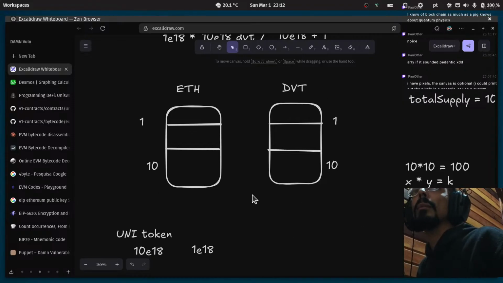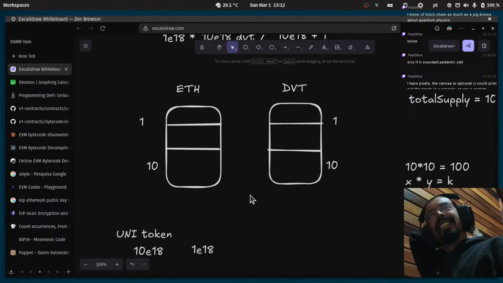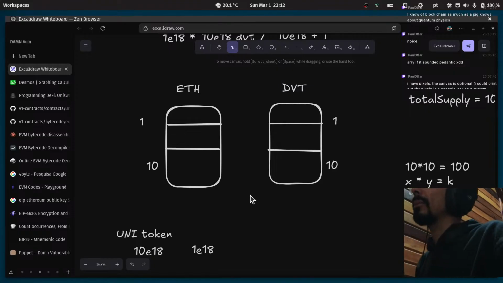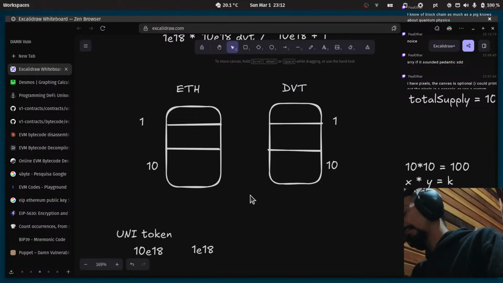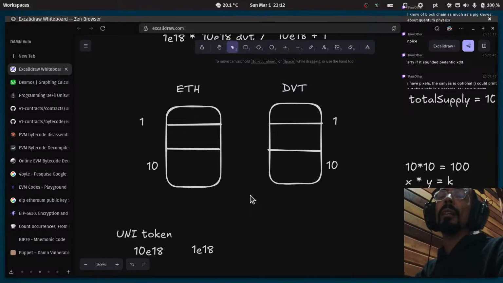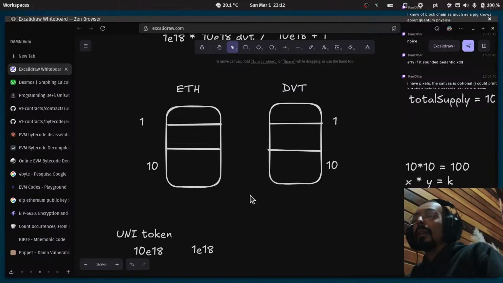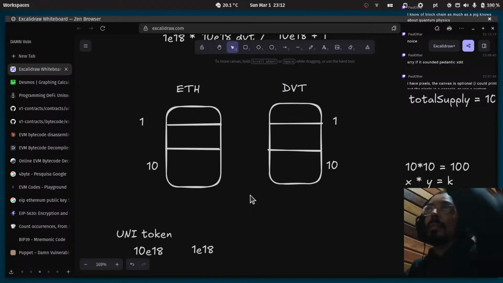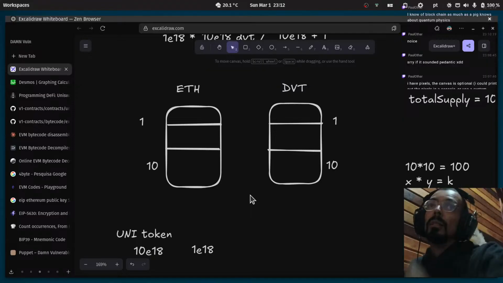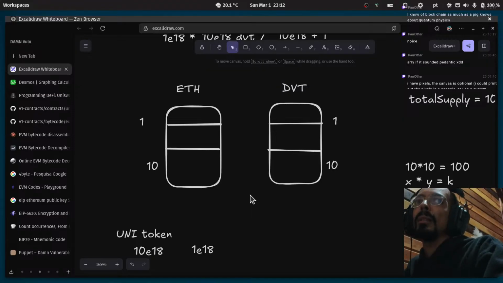I know blockchain as much as a pig knows about quantum physics. Yeah, they said the pig has, I think, a 9 year old child's brain. Yeah, maybe a child of 9 years, and then in the next century the pig is probably going to know what quantum physics is.